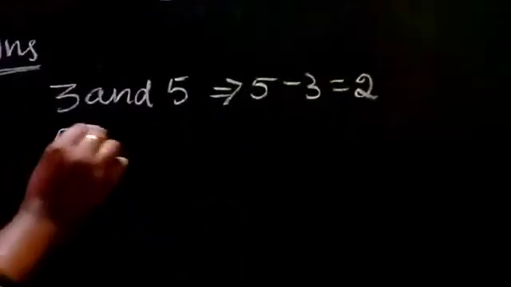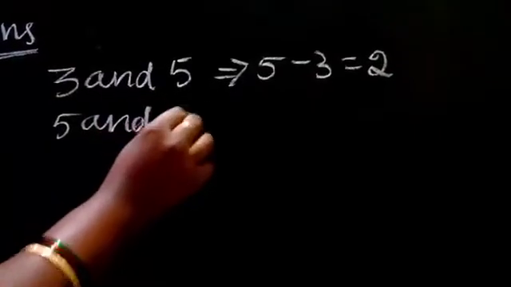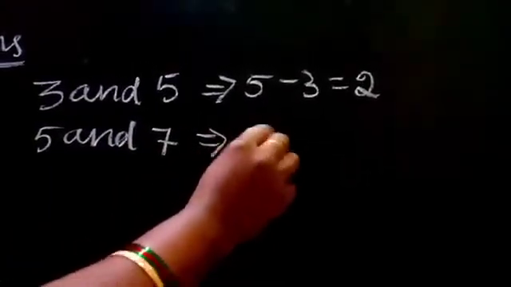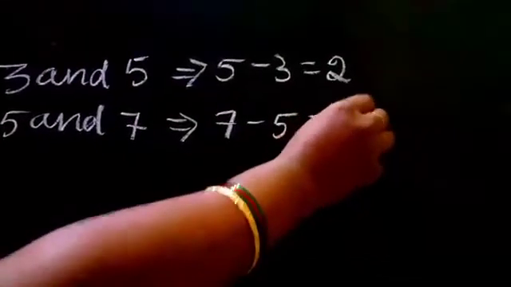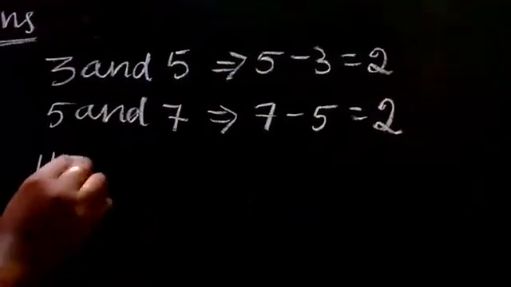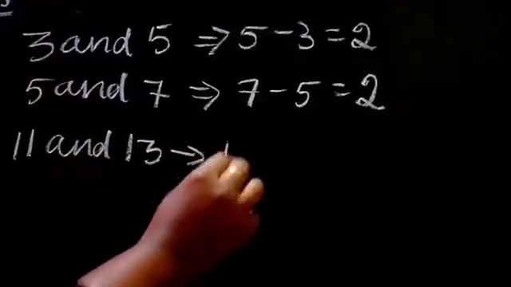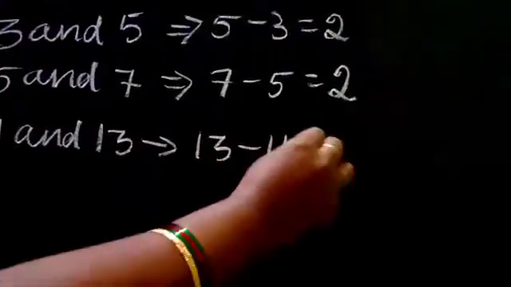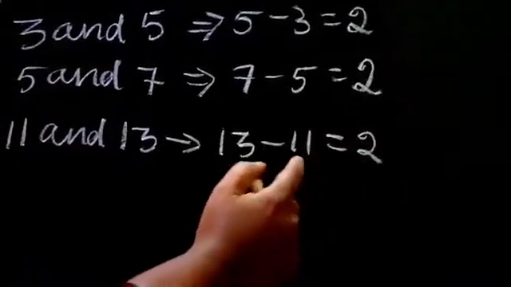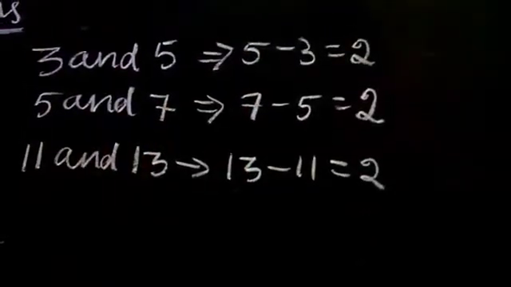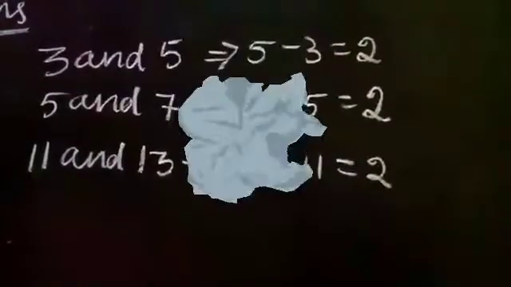Then 5 and 7, because 7 minus 5 is 2. Then 11 and 13, because 13 minus 11 is 2. When we have the difference 2, all these numbers are twin primes.